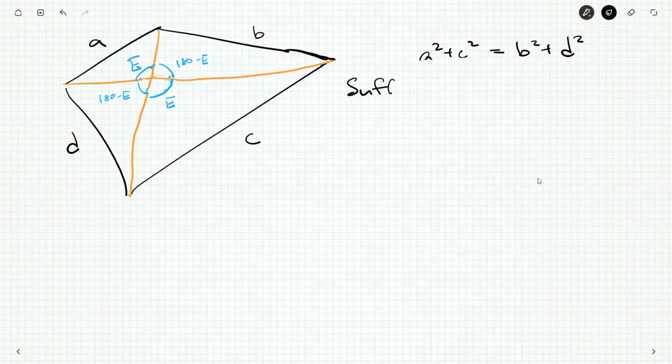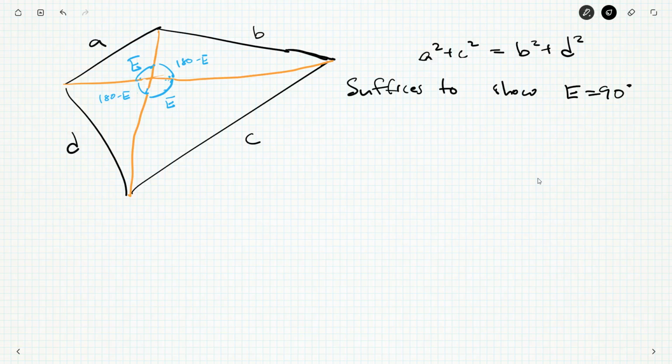I'd make a note of that: it suffices to show E is a right angle. As soon as I manage to do that, then everything else will fall into place. They'll be perpendicular. But the only fact I'm given here is opposite squares add up to the same thing.